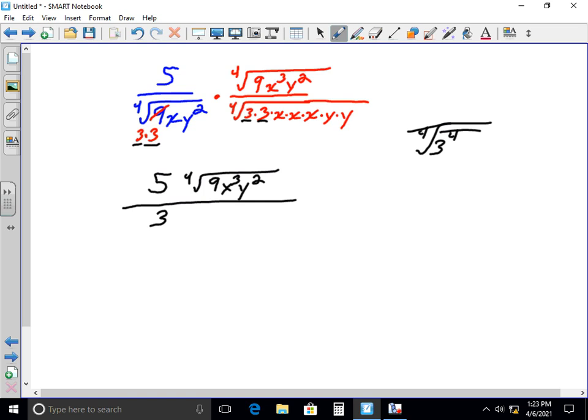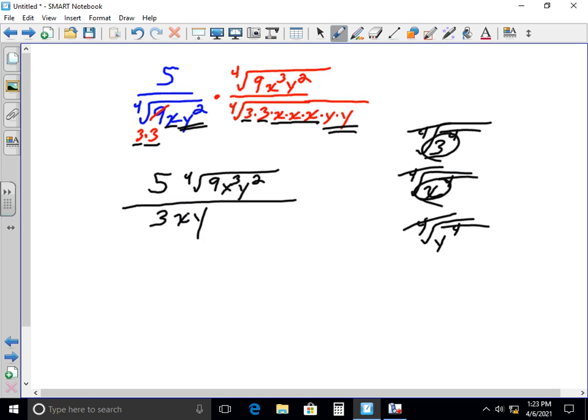How many groups of x's? 1, because it's 4. That's right, it's going to be xy, because we have 4 x factors under a 4th root, 4 y factors under a 4th root. So we get a 3, an x, and a y on bottom.